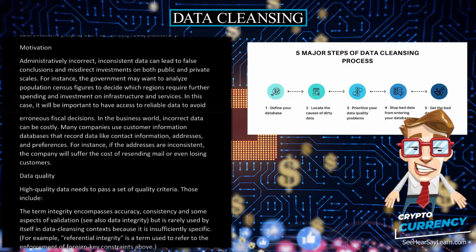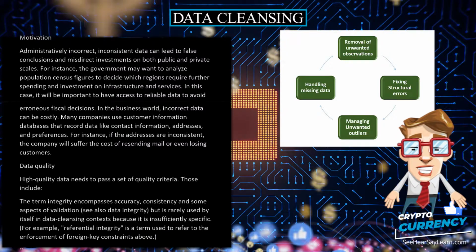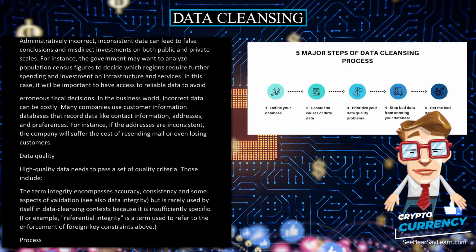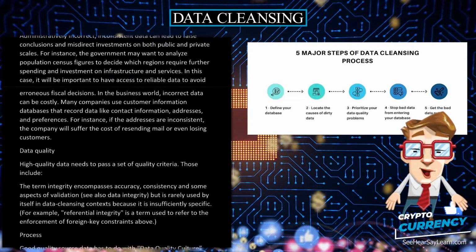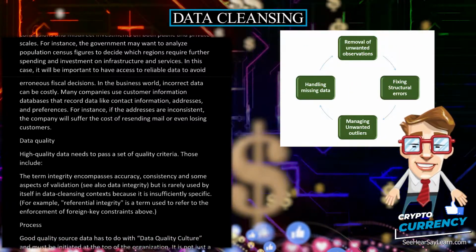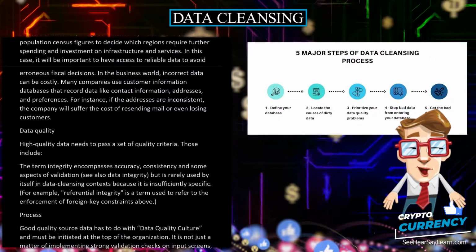In the business world, incorrect data can be costly. Many companies use customer information databases that record data like contact information, addresses, and preferences. For instance, if the addresses are inconsistent, the company will suffer the cost of resending mail or even losing customers.